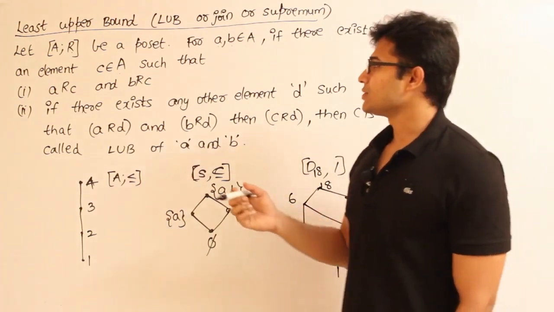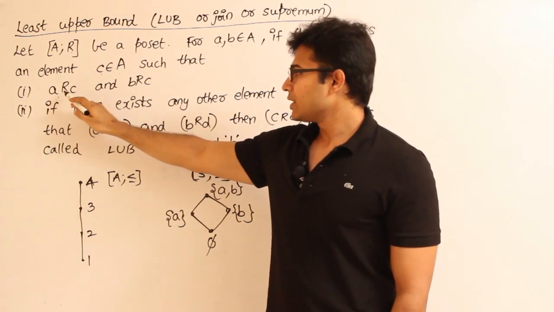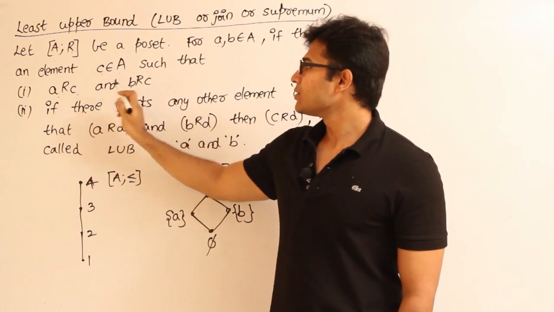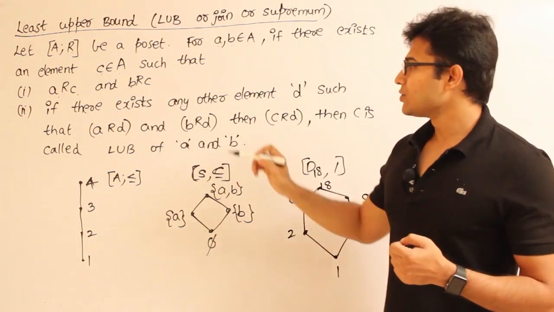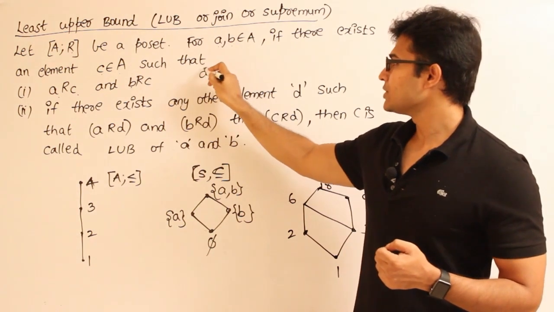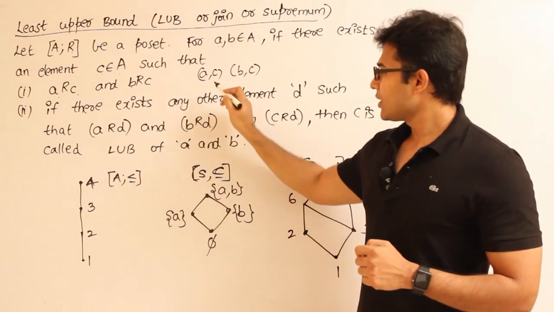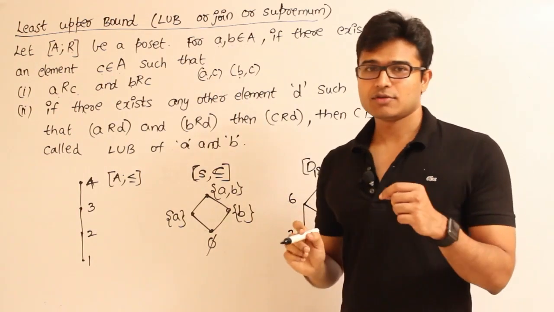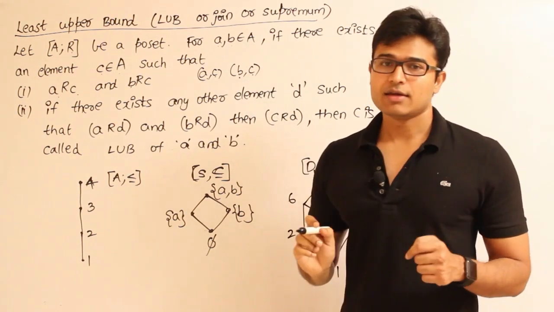Okay. Now see this. If it exists, such that both A and B are related to C, what I mean by this is, you should have the elements (A, C) and (B, C) present in the relation, right? And once you have such a presence, then there is a chance that C might become the least upper bound.